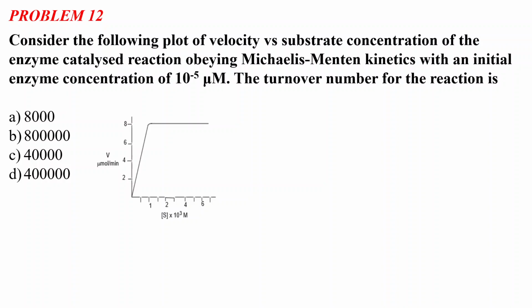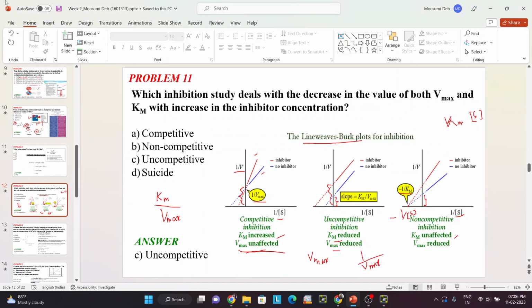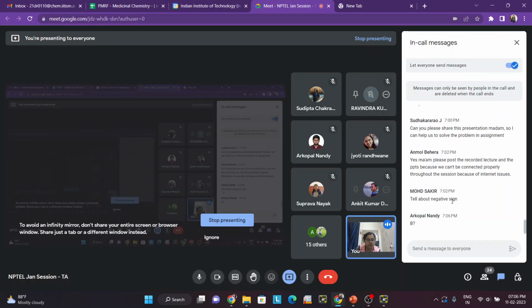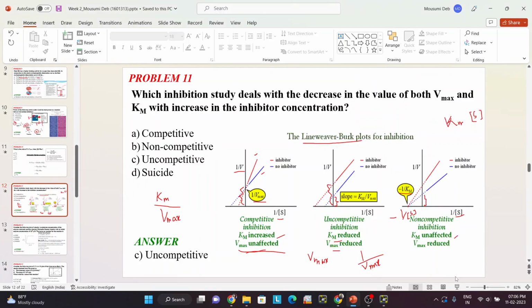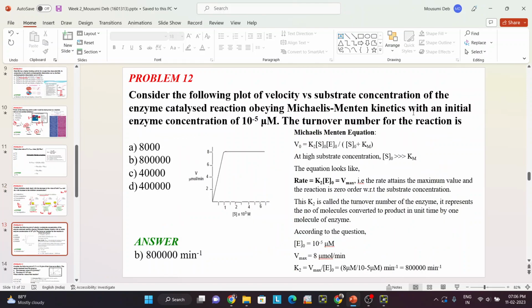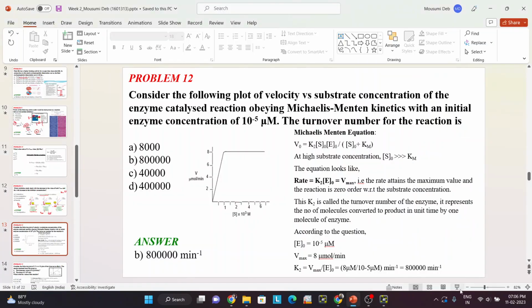Has anybody answered it? If you cannot answer it, it is fine, because I will let you know. Okay, we have one answer, B. Let's check the answer. Okay, yes, B is the correct answer. Whoever answered B, it is correct. Now let's see how it is solved.